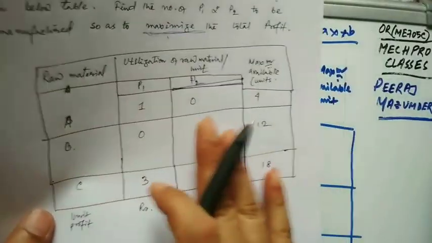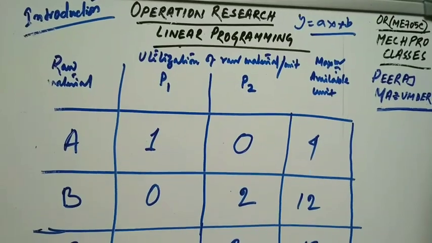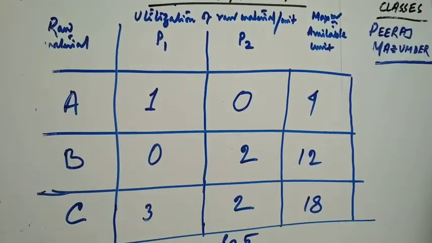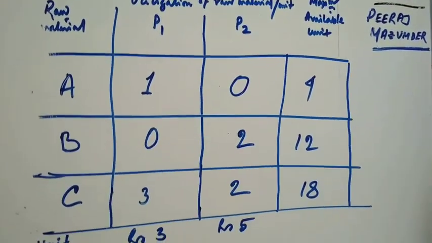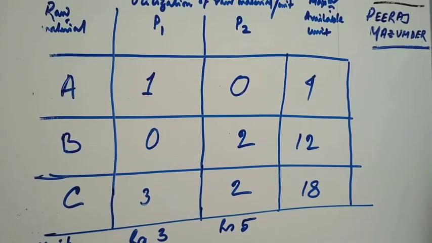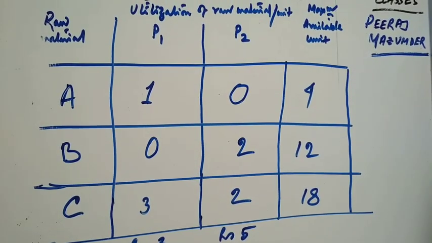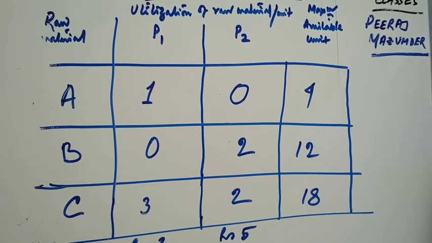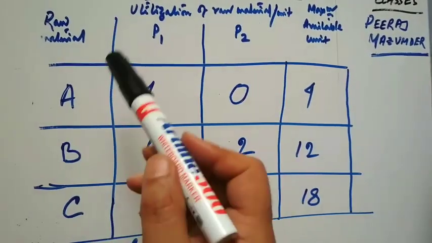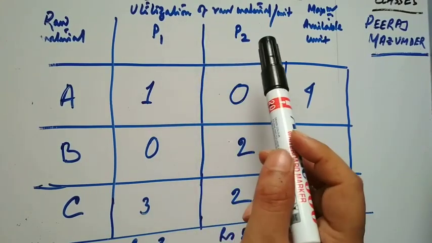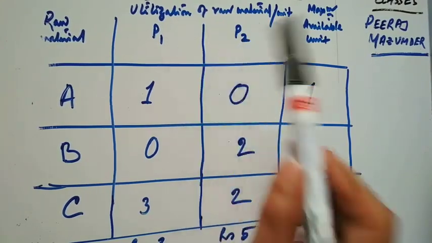Okay, I have written the total table on this whiteboard for you. I think it is visible now. So look here at what we have. The company manufactures two products, P1 and P2. It is given.